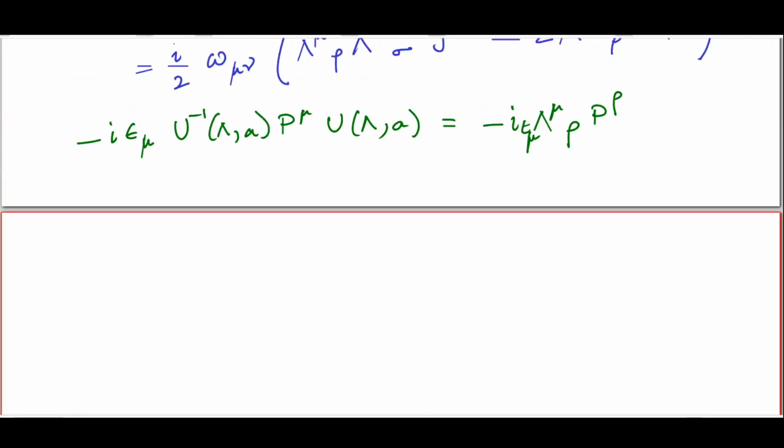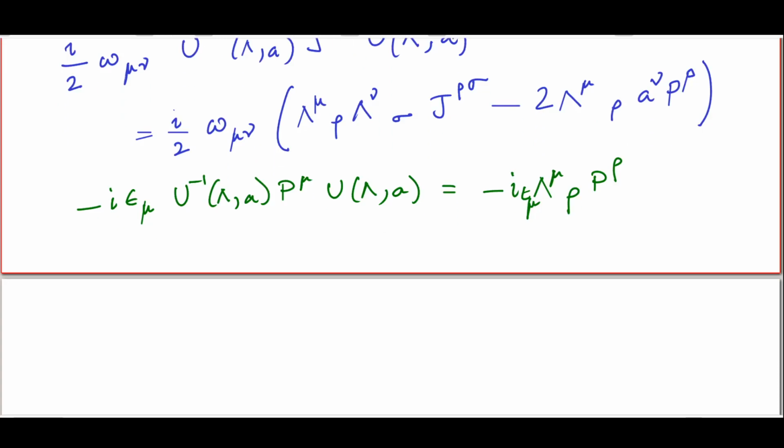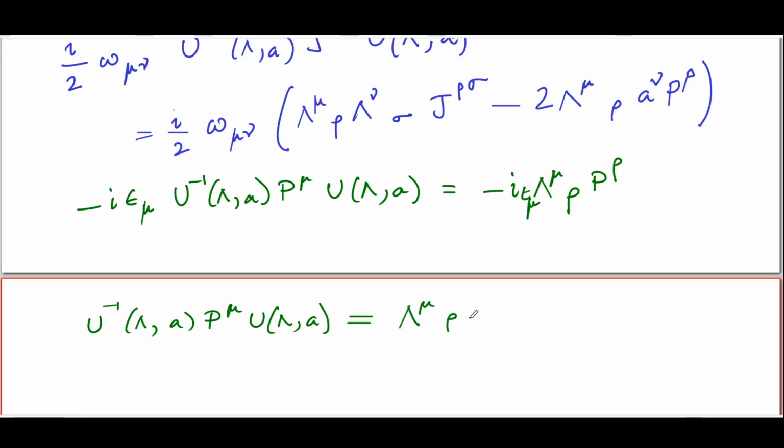But there is a bit of a problem there, especially in the case for the omega mu nu's coefficient. The other one is easier, so let me just work that out first. What you get from the second equation is simply U inverse lambda A P mu U lambda A must be equal to lambda mu rho P rho.